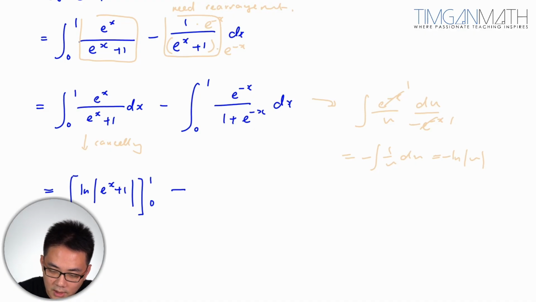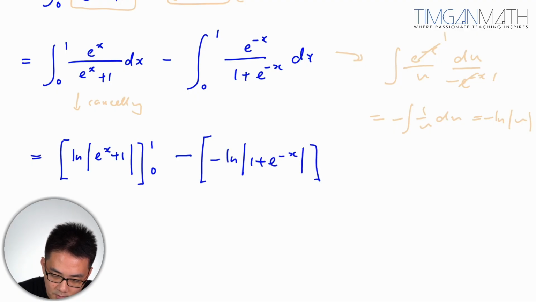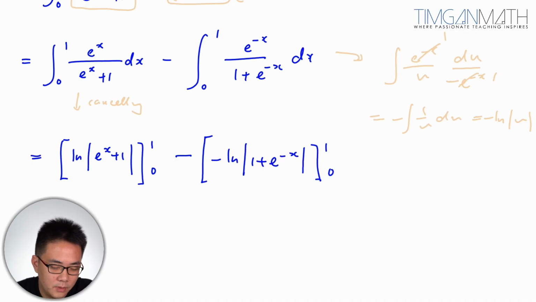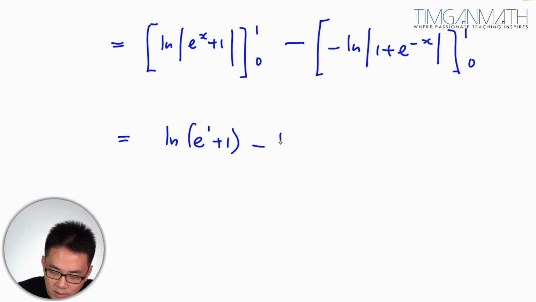So what I'm going to get is actually negative ln(1 plus e^(-x)), from 0 to 1. There you go. Once done, we're going to just substitute: ln(e^1 plus 1) minus ln(e^0 plus 1), I'm just going to write 1 plus 1 like that.